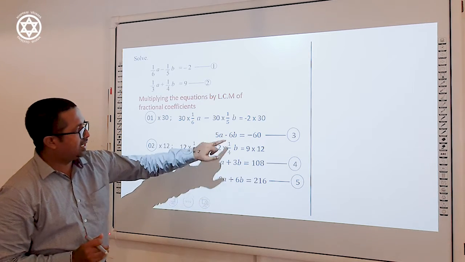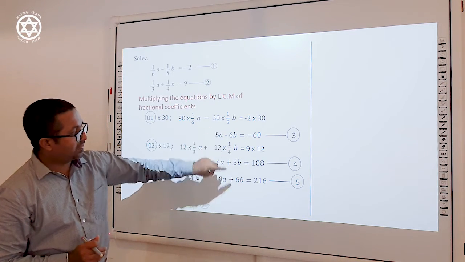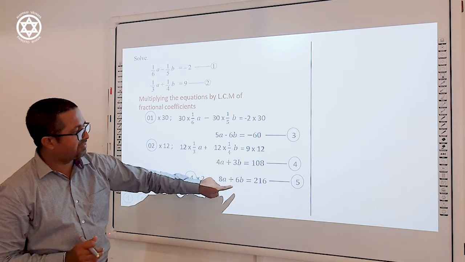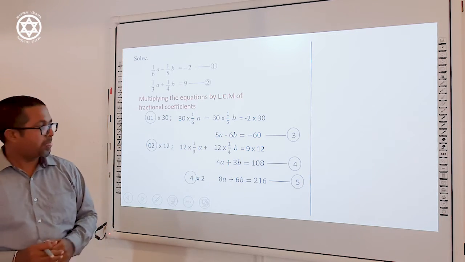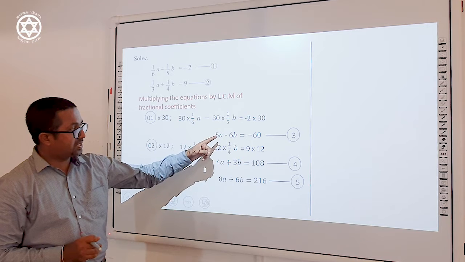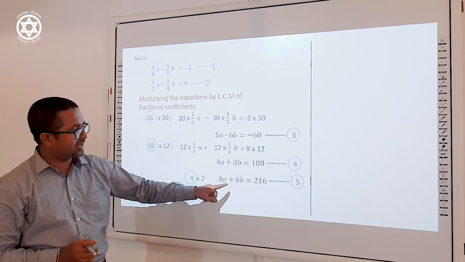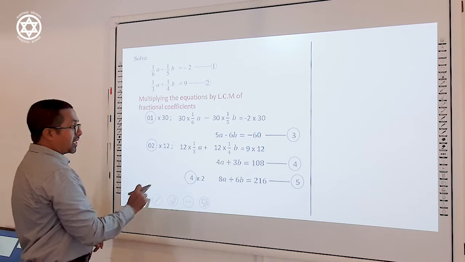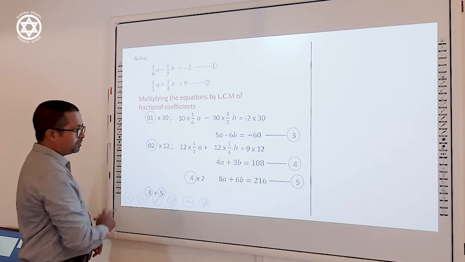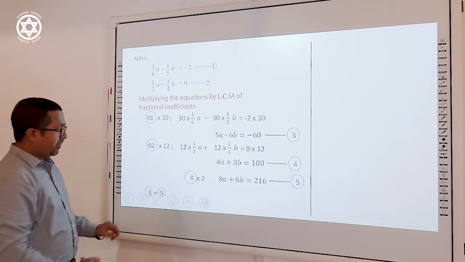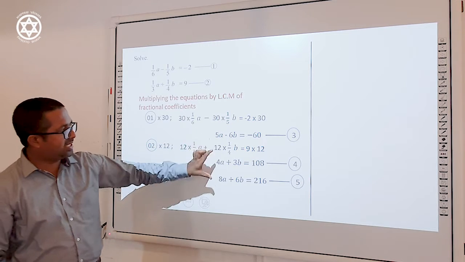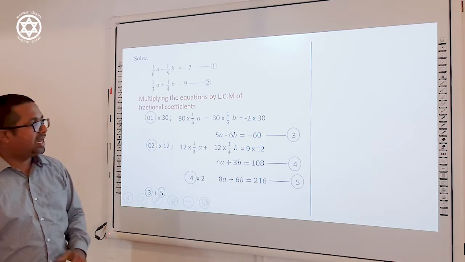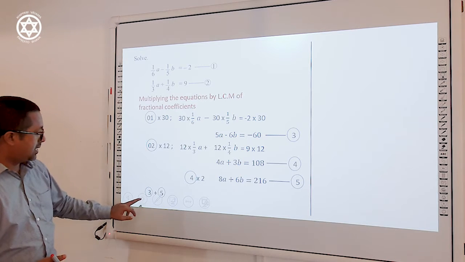Now you can see the coefficient of b in the third equation and fifth equation is the same, but the sign is different: minus 6 in the first equation and plus 6 in the second. If the sign is different, we must add the two equations.